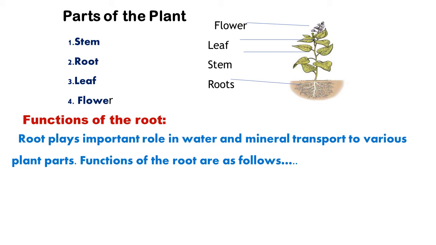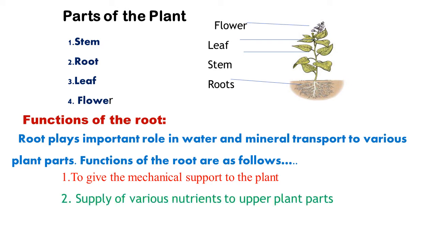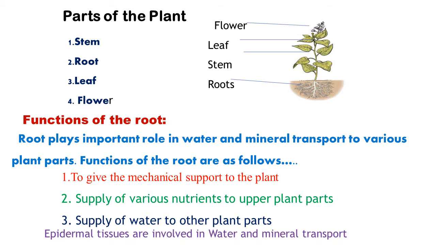Function of the roots. Roots play an important role in water and mineral transport to various plant parts. Functions of the root are as follows: to give mechanical support to the plant, supply of various nutrients to upper plant parts, supply of water to other plant parts. Epidermal tissues are involved in water and mineral transport. Importance of water for plants.